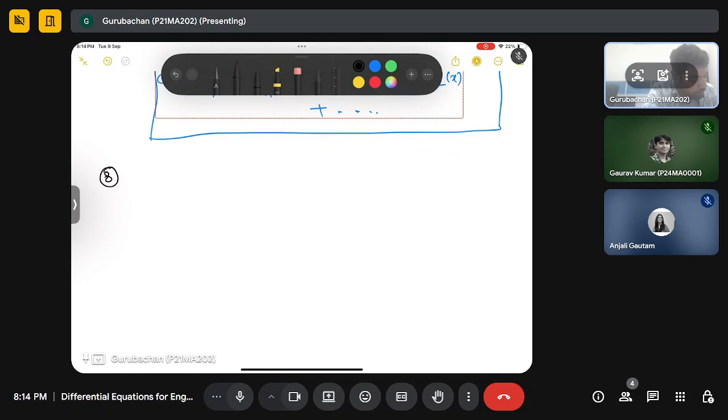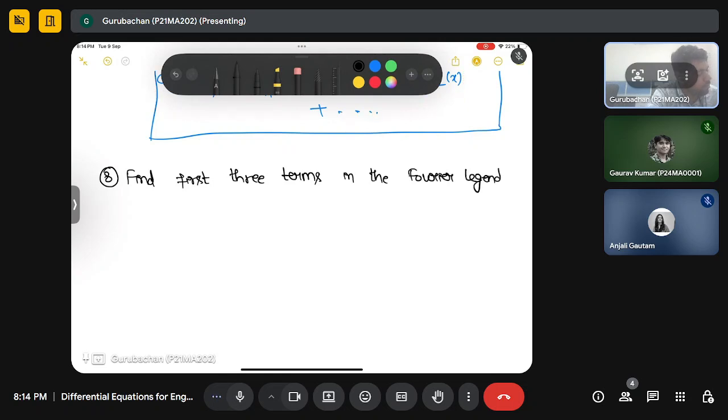So question number 8: find the first three terms in the Fourier Legendre series of the function f(x) equals 0 for x from minus 1 to 0, and x for 0 to 1.